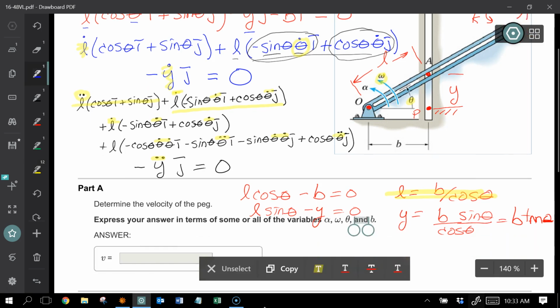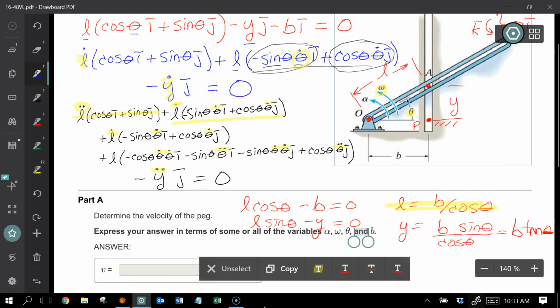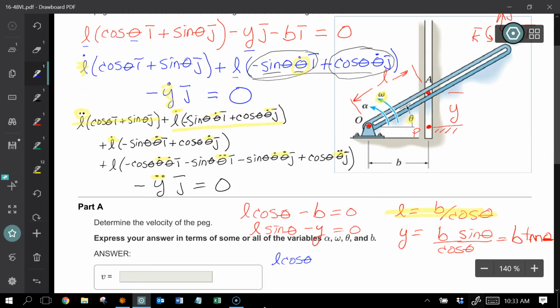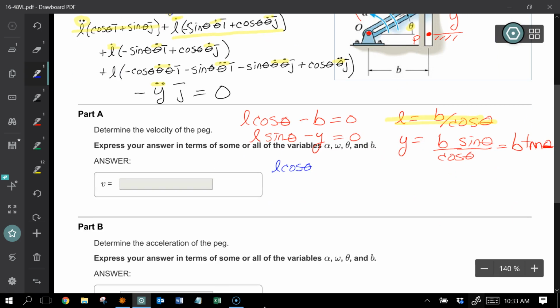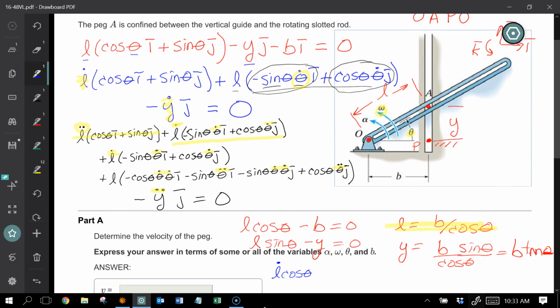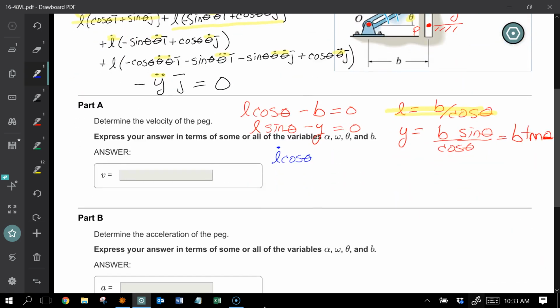Okay, so let's get the blue equations. i equals i, j equals j. So that's going to be L dot cosine theta. Another i is over here, negative L sine theta, theta dot.